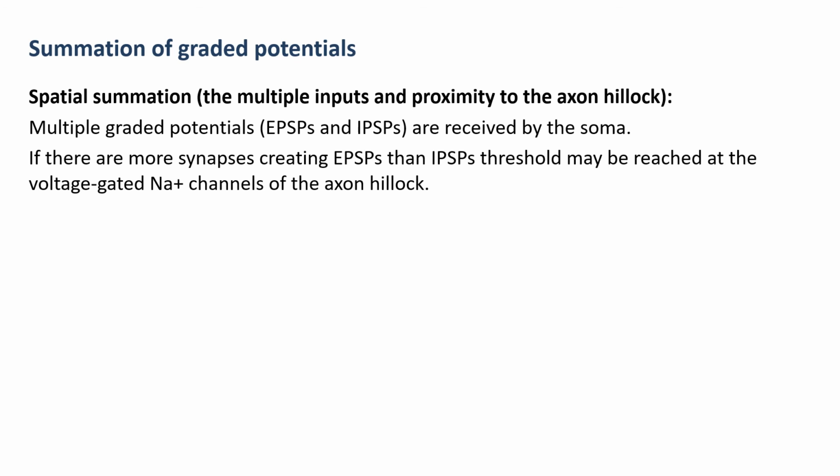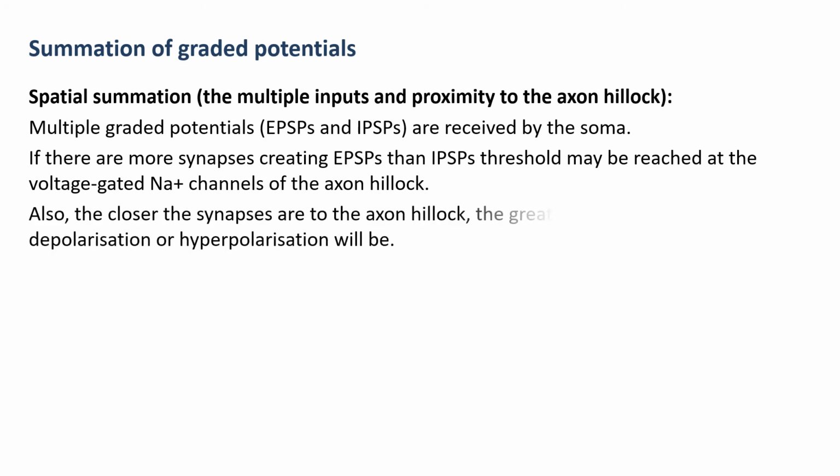If there are more synapses creating EPSPs than IPSPs, threshold may be reached at the voltage-gated sodium channels in the axon hillock. And the closer the synapses are to the axon hillock, the greater the effect of the depolarization or hyperpolarization will be.